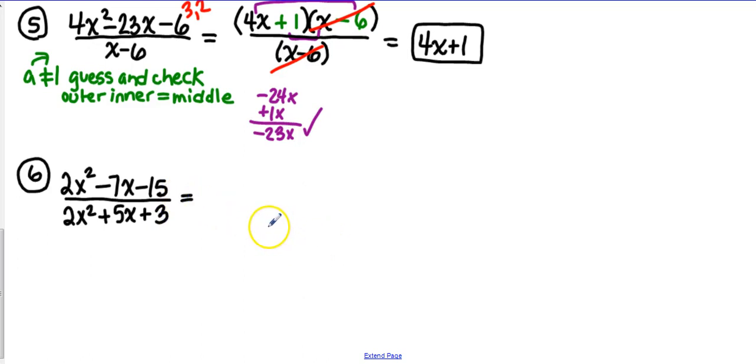If I look at these right now, 2, 7, and 15, no GCF, and then in the denominator, 2, 5, and 3, again no GCF. So please press pause now. For the numerator and denominator, you will be factoring A is not 1, guessing and checking, outer, inner equals middle. Please don't press play until you have both the numerator and denominator factored.